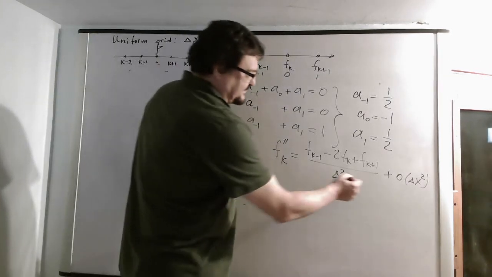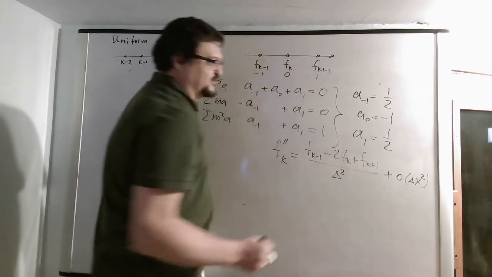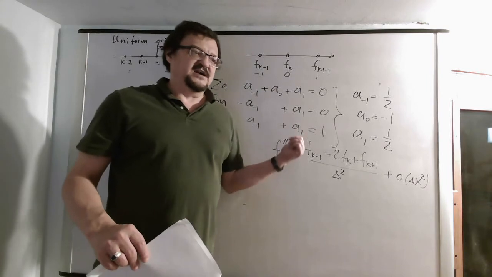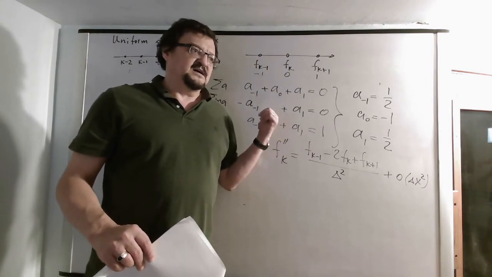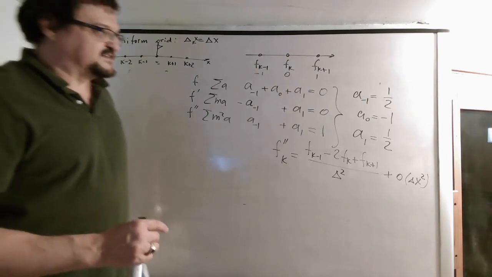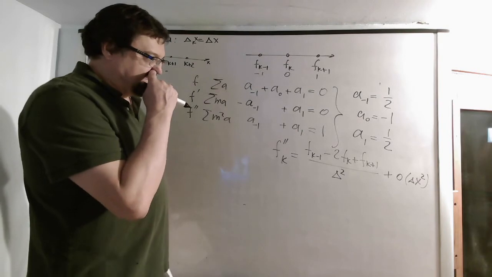This is a very common expression, as I mentioned before, for the diffusion equation, and central differences for the first derivative are very common in advection equations, although they have some undesirable properties that we'll talk about later.